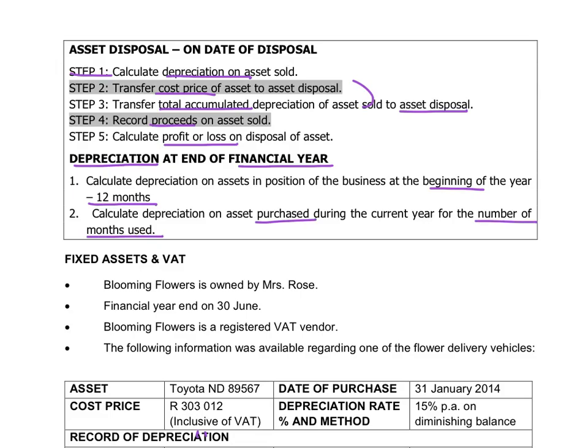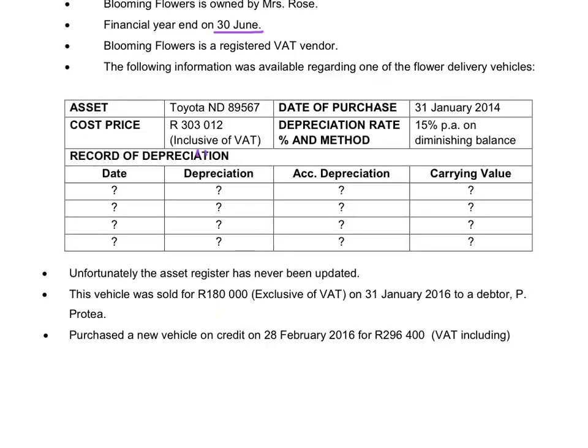It's very important to determine when the end of the financial year is, 30 June, and to determine whether the VAT was included or excluded in the purchase or sales amounts. When we look at the asset register, we see that the asset cost price was 303012.